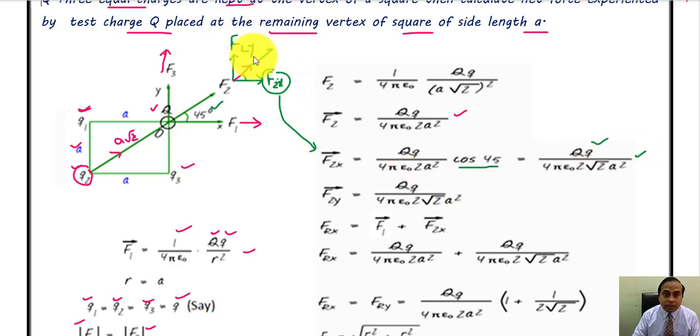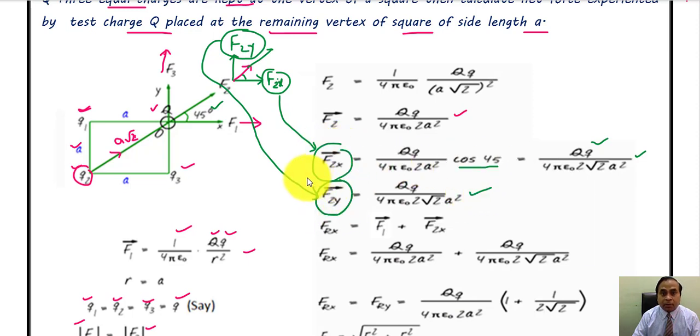Similarly, F2 is resolved into the vertical component F2y. Exactly the same, both are equal, because this side it is F cos 45 and that side it is sin 45, and sin 45 is also 1 upon root 2. So F2y is equal to this and F2x is equal to this.